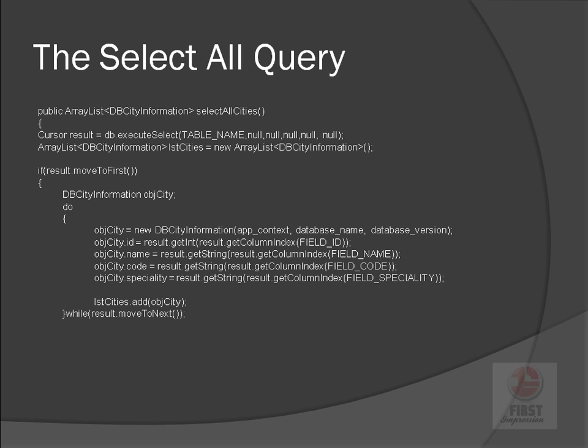So if there are 5 records, this loop will run 5 times, and after the 5th record has been passed, this while will return false and we will be out of the loop. Okay, then you will say return the array list. It will return the list of cities in the form of an array list. So far so good.